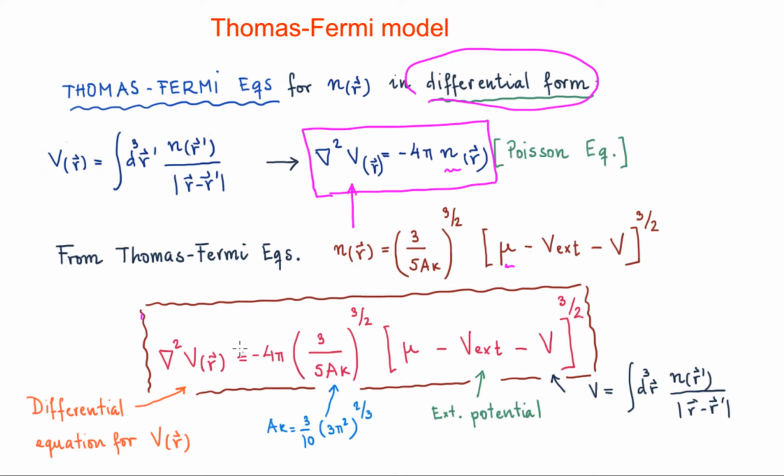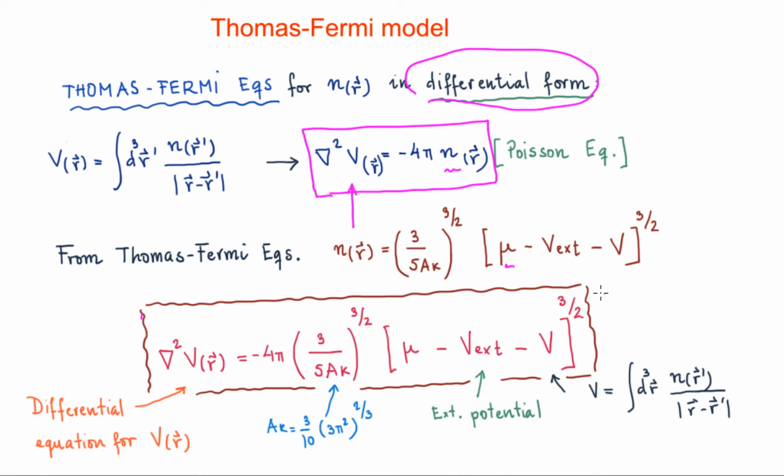And of course, after solving that equation, if you have the expression for V, then just by taking the Laplacian of V, you get the electronic density. So getting the induced potential is equivalent to getting the electronic density just using the Poisson equation.